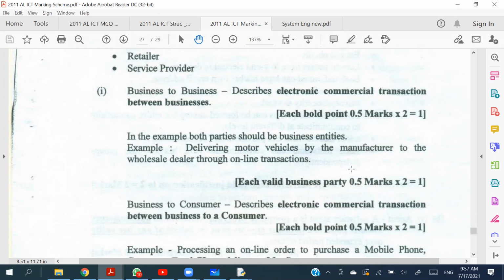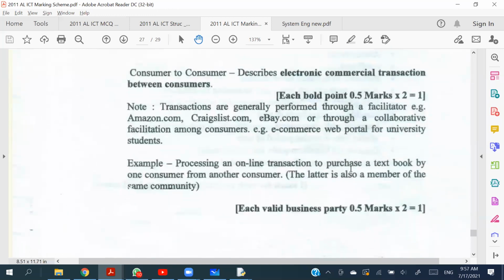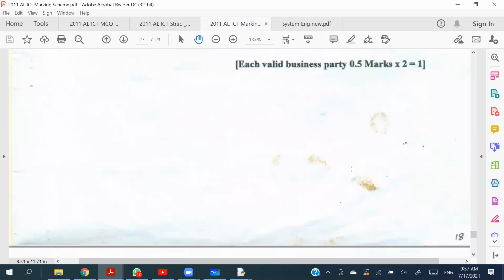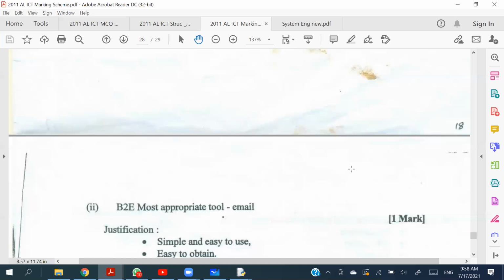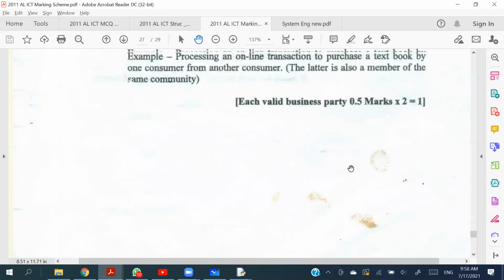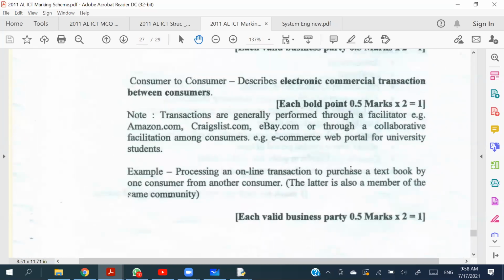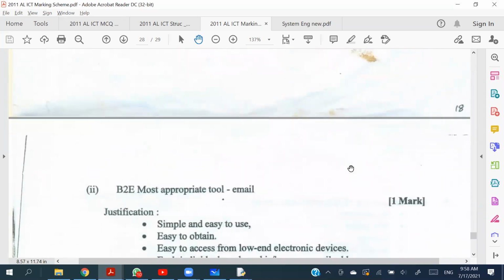So 2 marks for the explanation and the example. You won't get 6-mark questions like this in papers now. These questions are taken for the structured part now, so don't expect that much. Again, 6 marks out of 15 is a huge amount.